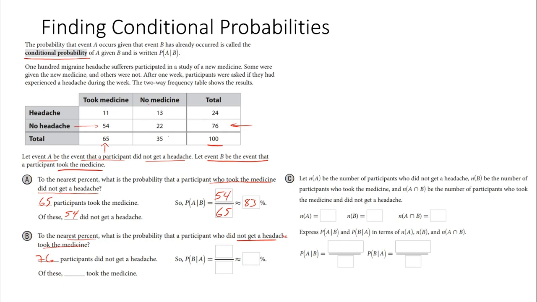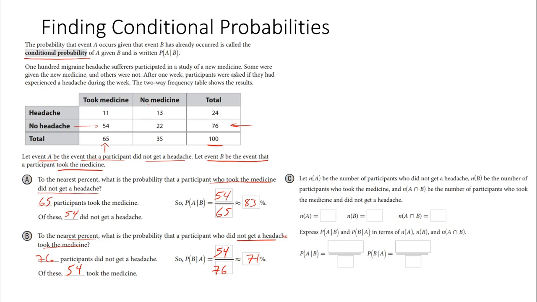Took medication, 54 people again. So the probability of event B occurring given A would be written like this. We have 54 people out of the 76 total that did not get a headache. Plug that in the calculator, you get 71 percent.